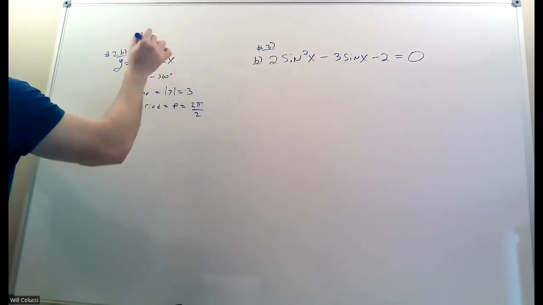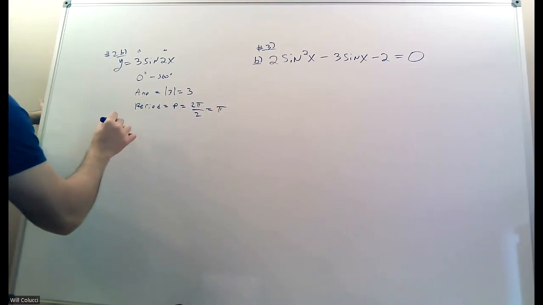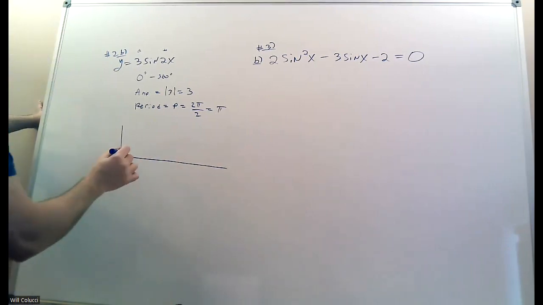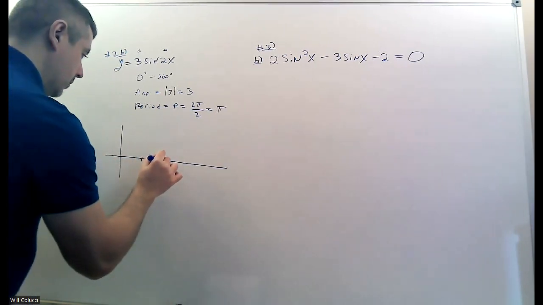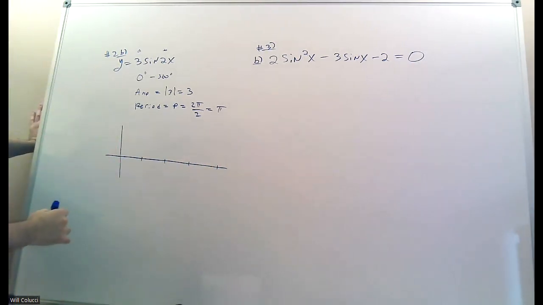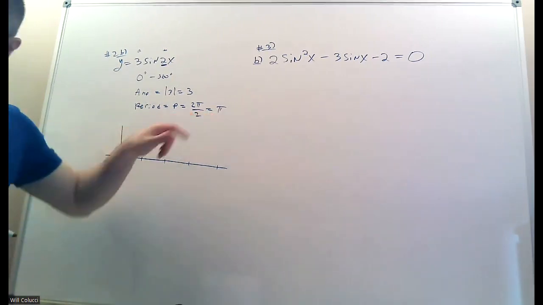There's A, there's B. So the period is pi. That tells you how long it takes to get one wave, right? Let's see, 90, 180, 270, 360. I'll fill in the numbers later. I know that this tells me how many waves I'm going to draw.